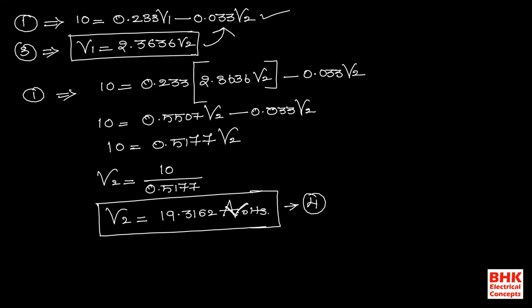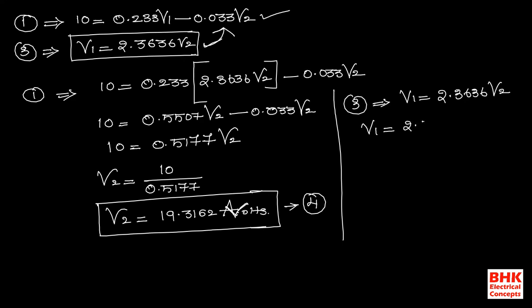Now what we need to do to get the value of V1, just substitute this equation number 4 in equation number 3. Okay. Now what is the equation number 3 actually? V1 is equal to 2.3636 into V2. Now from this, V1 is equal to 2.3636. Instead of V2, I am directly substituting 19.3162.